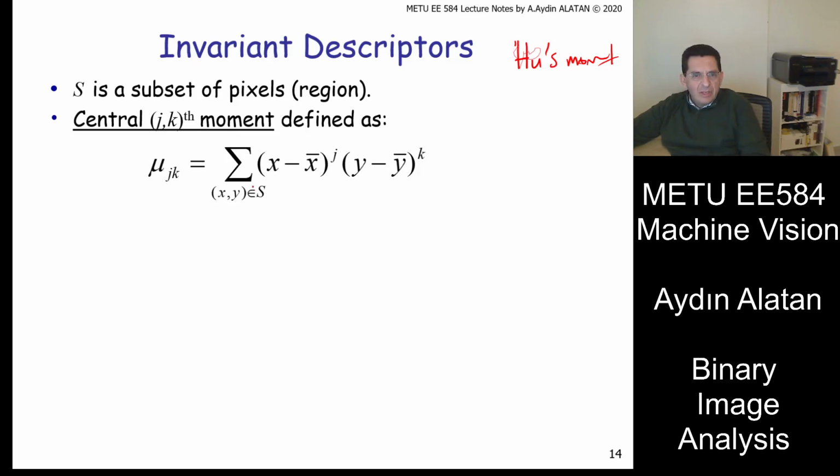Now, this is your central moment of jkth order. This is the j, this is the kth. Therefore, you subtract x from x bar, y from y bar, and you take the jth and the kth power, and you basically sum these things.